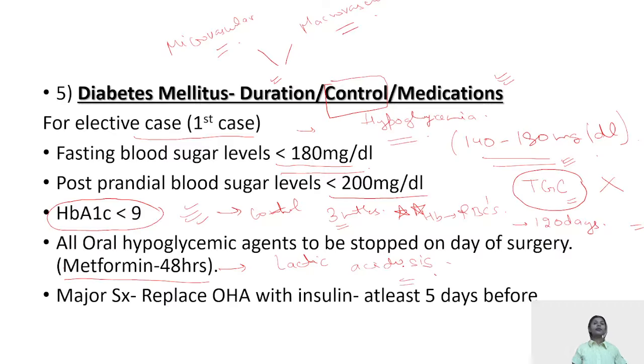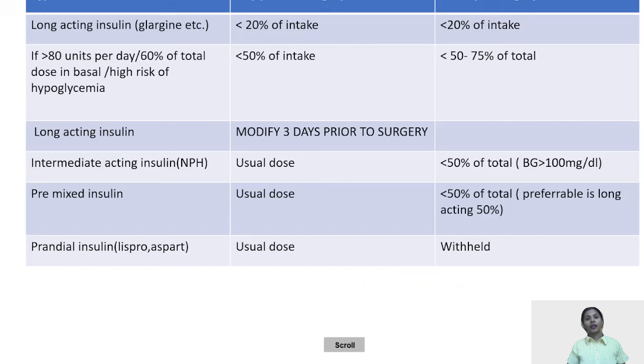And in case there is a major surgery in which you have to shift the patient from OHA to insulin, please do it at least 5 days prior to surgery. The shift is done to see how the body reacts to insulin and what level of control is there. So these are certain peculiar questions on diabetes mellitus which are generally asked.